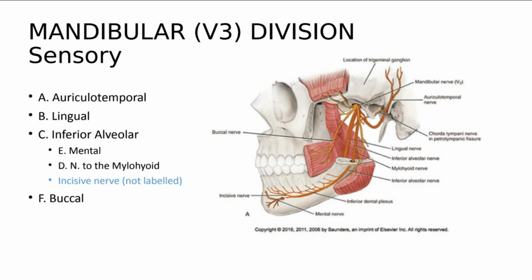So here it is again, inferior alveolar nerve, right beside it, very close, lingual nerve, and buccal nerve is all the way more up here and more medial. Here is the inferior alveolar nerve.